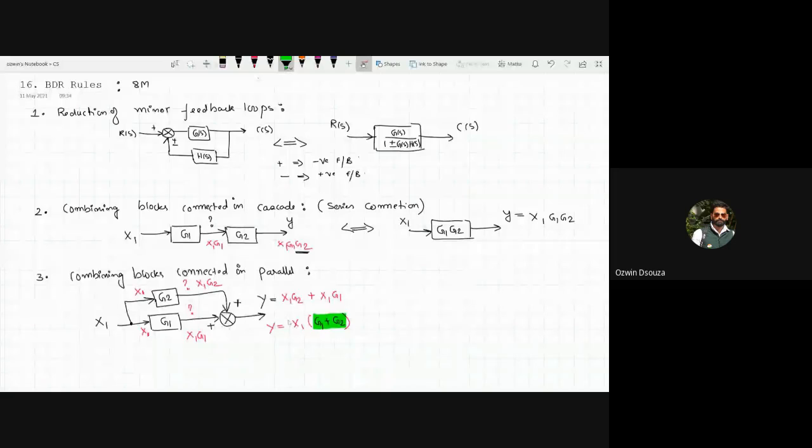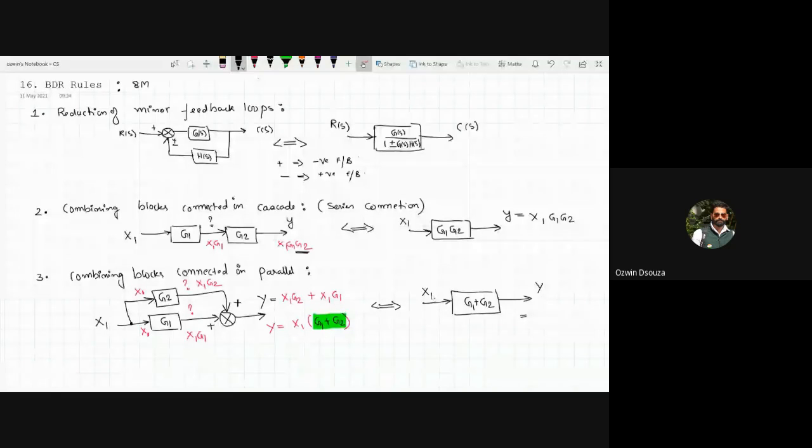So when you have such a connection, you can simply replace this whole network with a single block consisting of the net block transfer function, that is G1 plus G2. And this is your input signal X1, and this is your output signal Y. So what is Y?